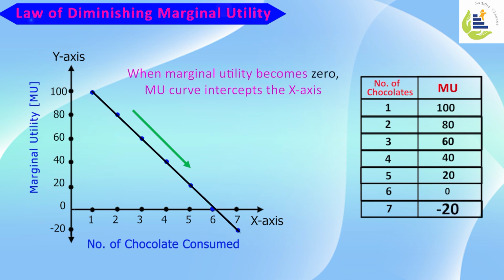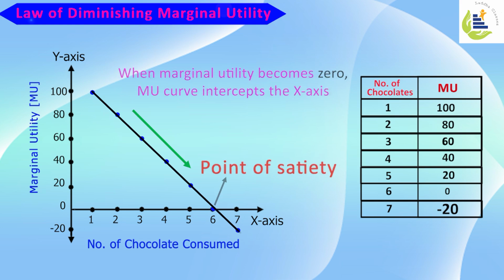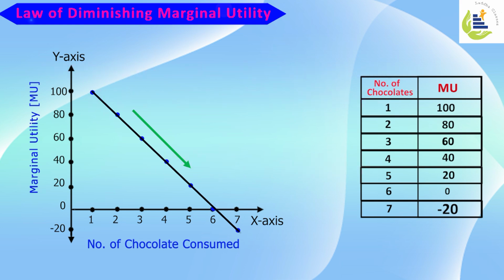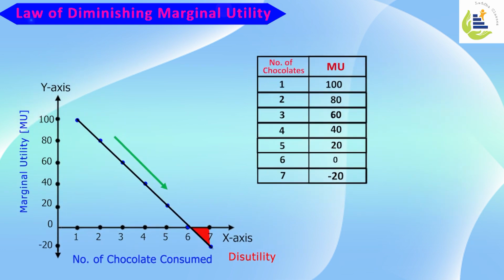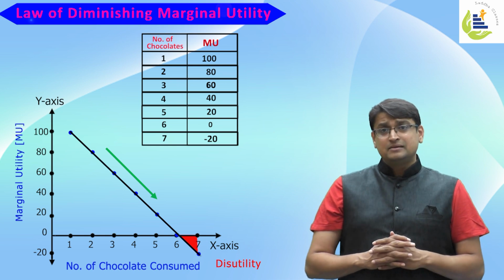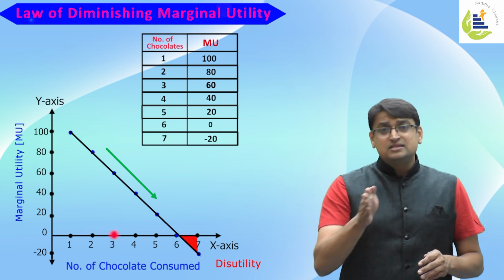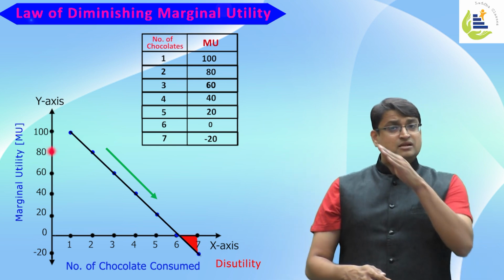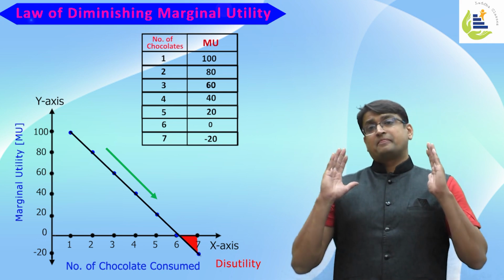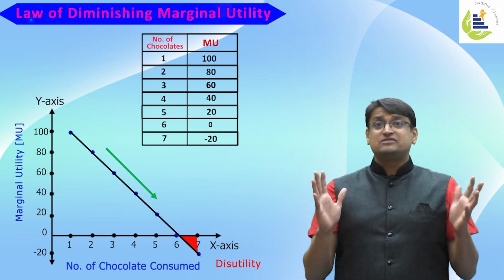At this point the consumer is fully satisfied, totally satisfied. This point is called the point of satiety. And after that, marginal utility goes to the negative side, which means now it is not satisfaction, it is dissatisfaction, disutility, with an additional increase in consumption. In a nutshell, what do we understand? With an increase in the commodity consumed, there is a reduction in the marginal utility or satisfaction derived.